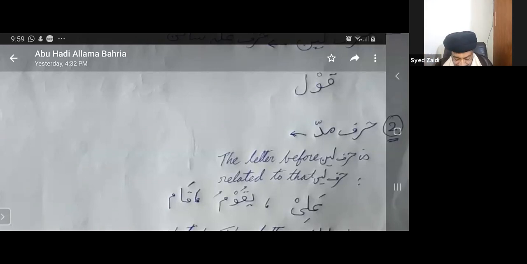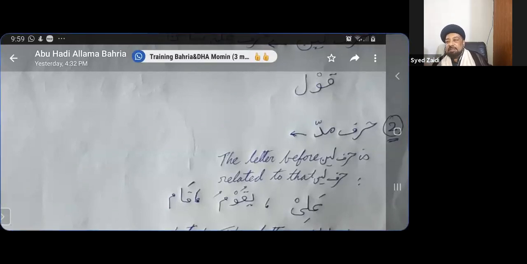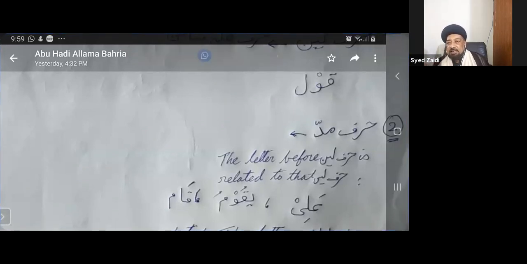For example, in the word Ali, ya is silent. If one of the harf illa is silent, and the previous letter is friendly or in relation to the harf illa, then it is called harf mad. Very simple.